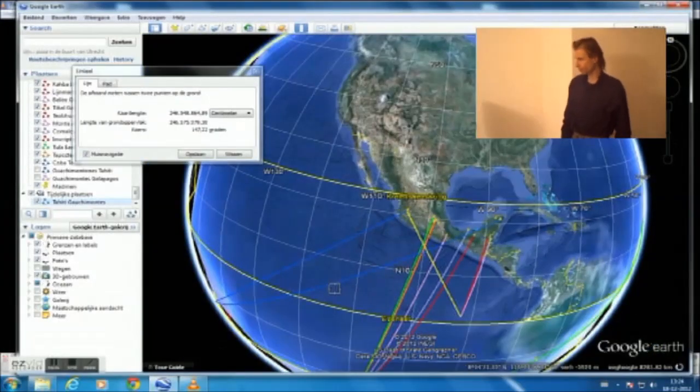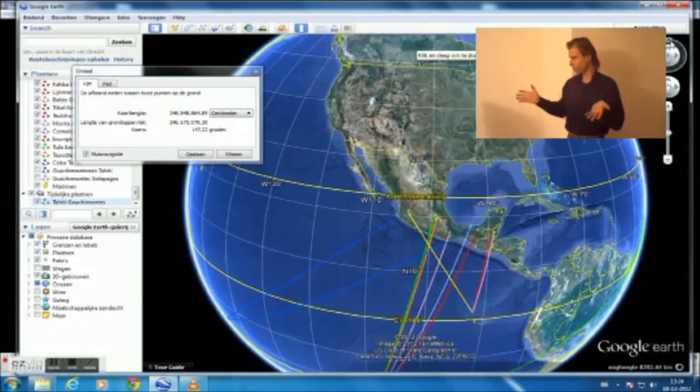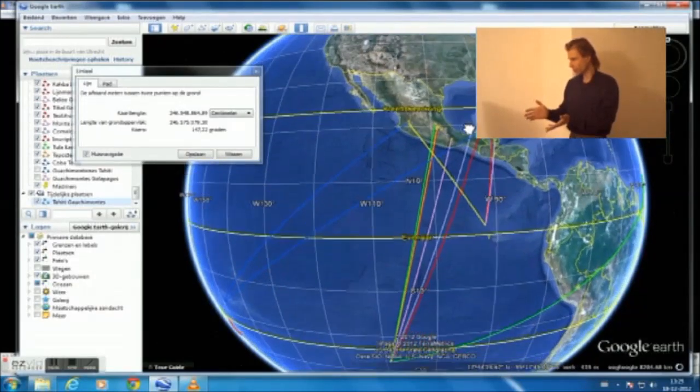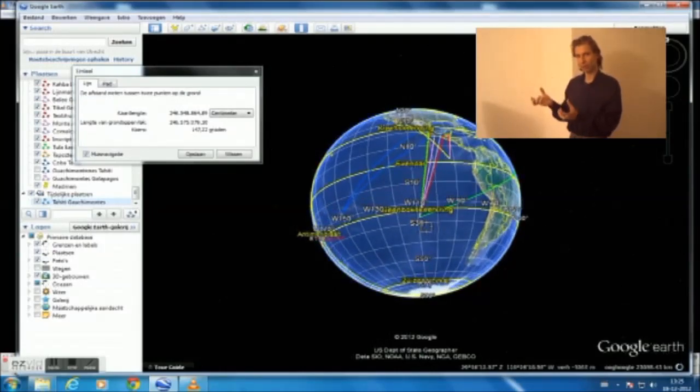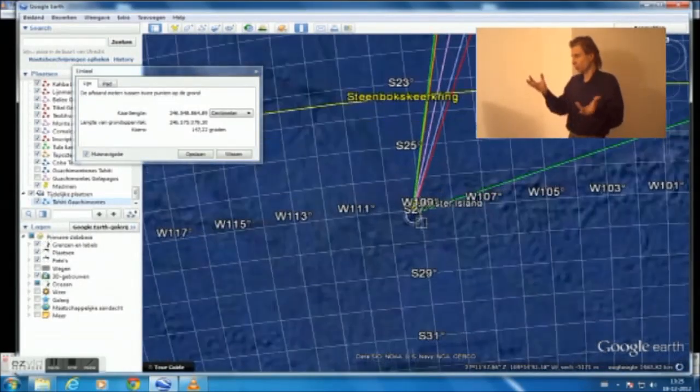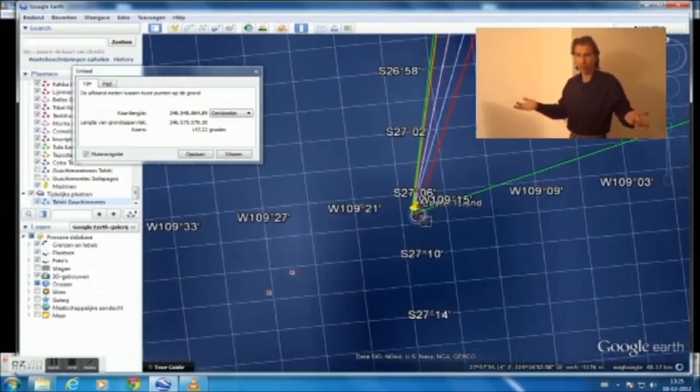So, now that we have a total overview of all the many lines, it really turns into a real scientific theory, which is not a theory anymore. I really have evidences now.